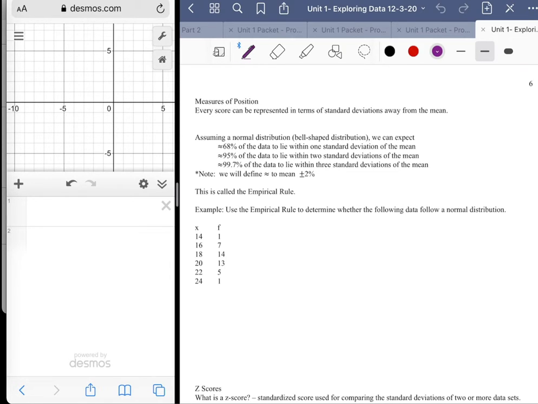So when you're thinking in terms of comparing multiple data sets, let's say, for example, I have some students who are in both my calculus class and my stat class, and you want to know what your relative standing is in one compared to the other.